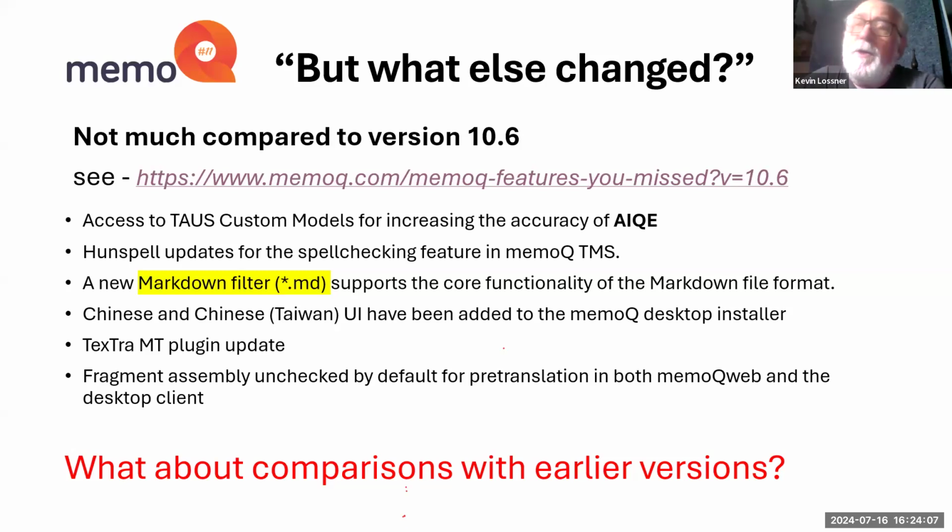So really, what are the changes between memoQ 10.6 and memoQ 11 that are as significant to those of us who don't work on servers or don't do project management tasks on servers and mostly do independent work on our own copies of memoQ, whether we're connected to a server or not.